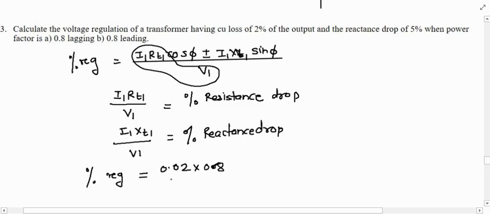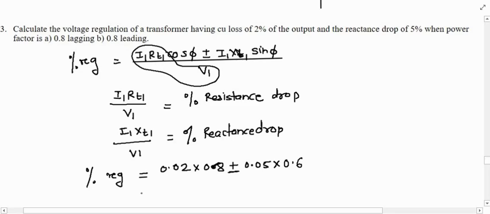Plus, the plus sign is for lagging and the minus sign for leading, 0.05 reactance drop into sin phi, which means 0.6.